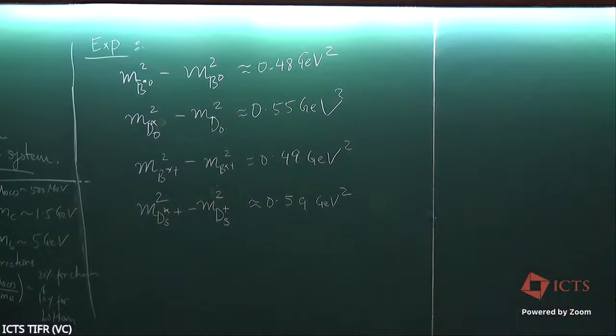So your S vector is a number. The S vector is basically a number. Each is a number. Yeah. I mean, this is the generator of my heavy quark spin.